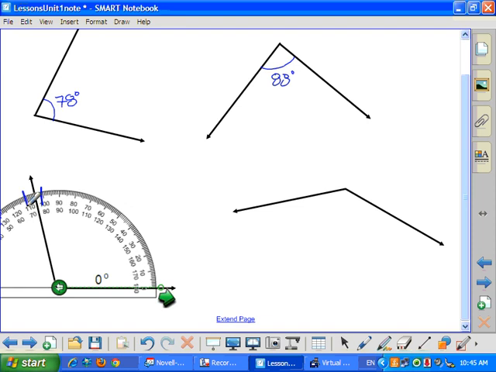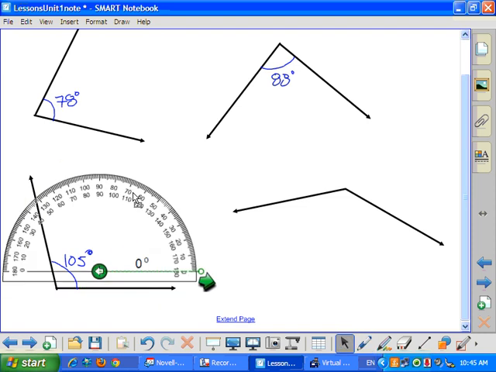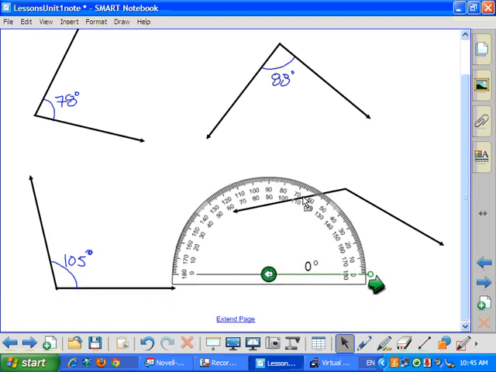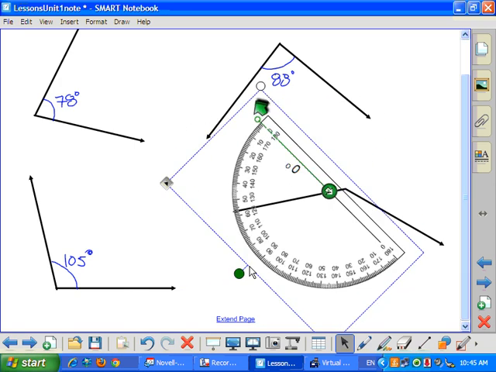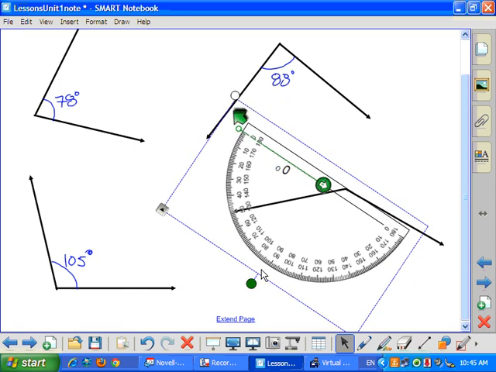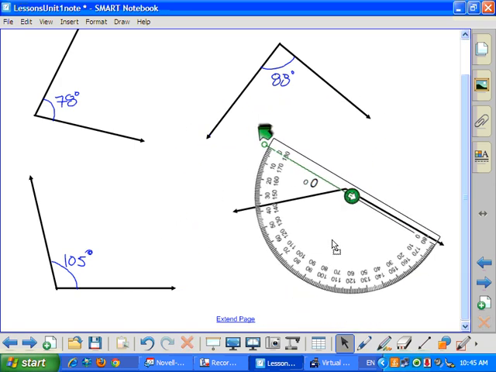Most of them go up by notches of 1, so you'll be able to read it. According to this, I would say 105. So that angle in here is 105 degrees. And that little dot up above is the degree symbol, for people who are wondering what I'm drawing that for.